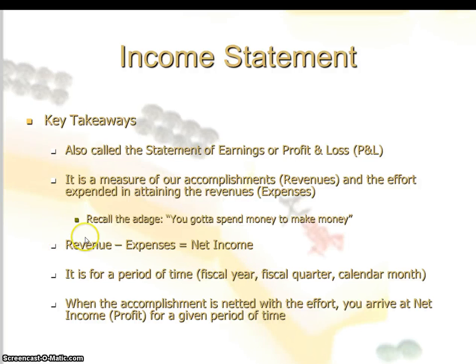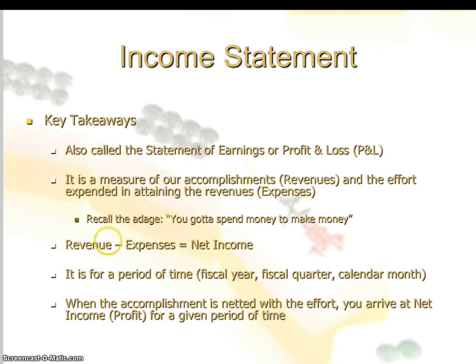The most important takeaway is that the formula for the income statement is very simple. Revenue minus expenses equals net income. And another way of thinking this is revenue is your accomplishment and expenses are the effort expended in attaining that accomplishment.